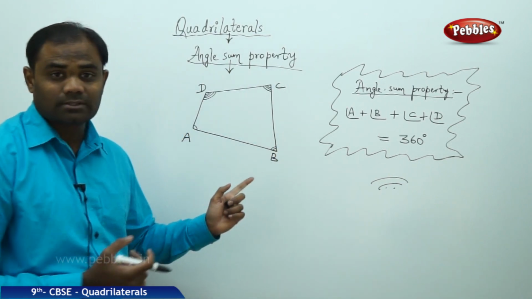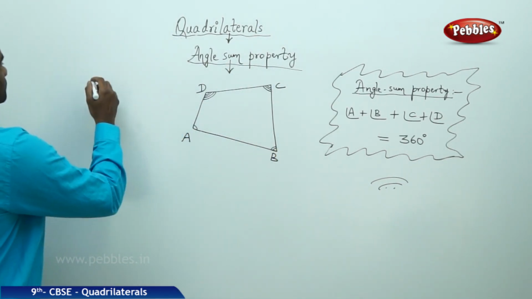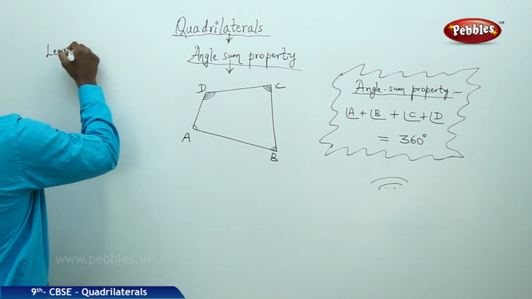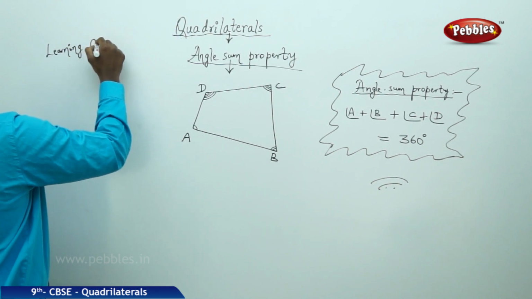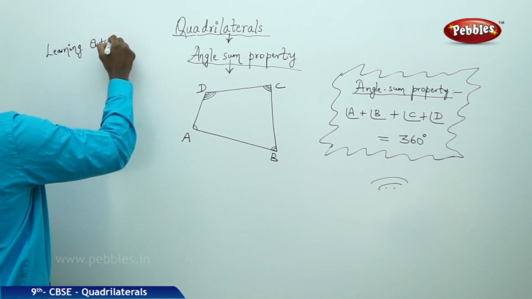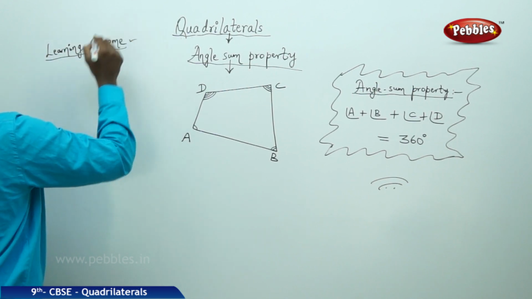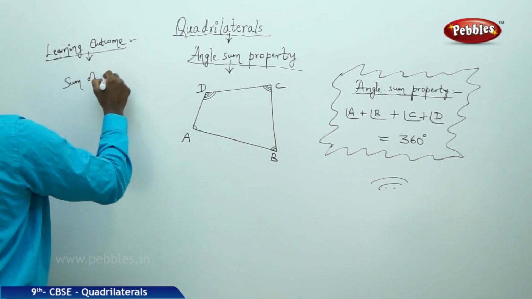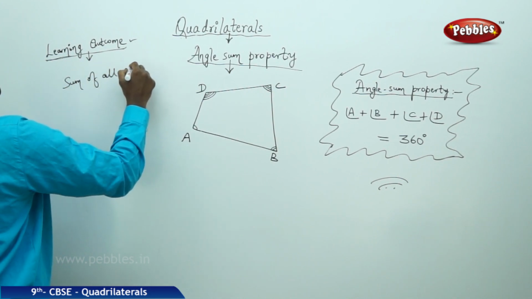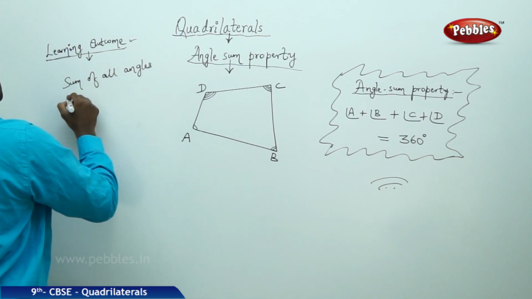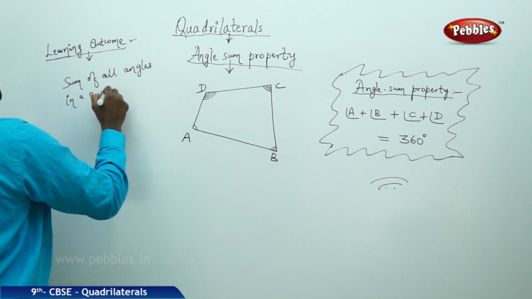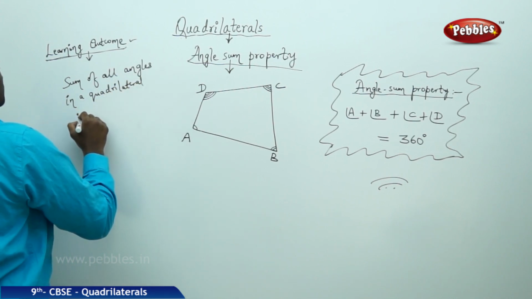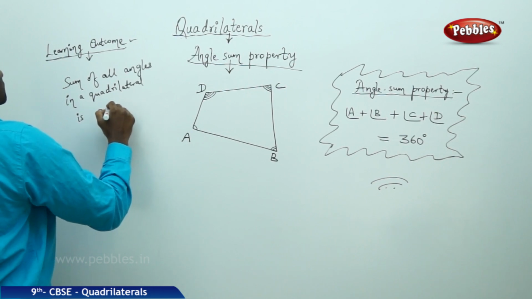Let's communicate this in words. Learning outcome here. What is that? The sum of all angles in a quadrilateral is 360.